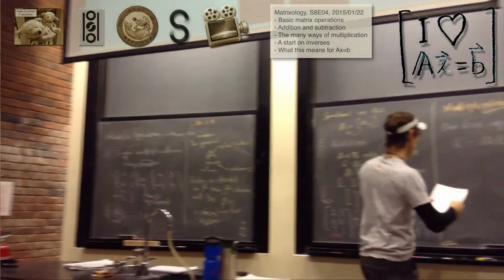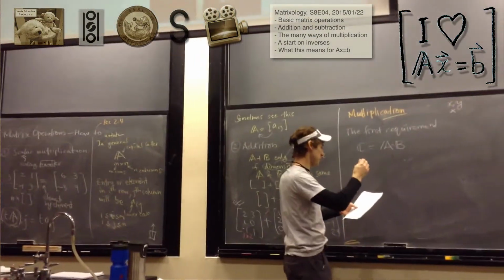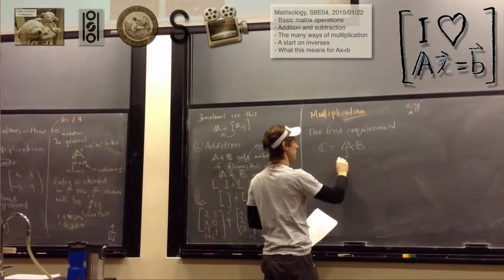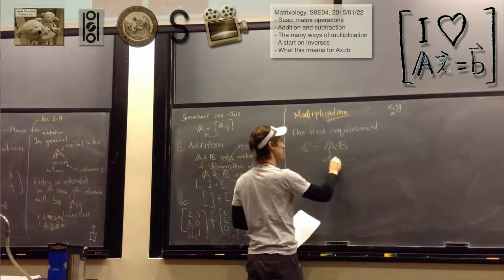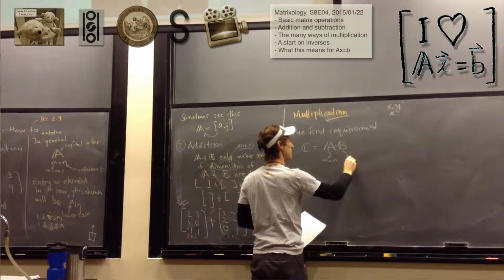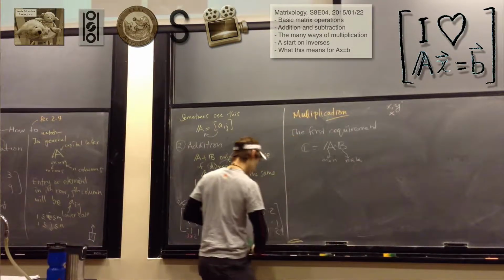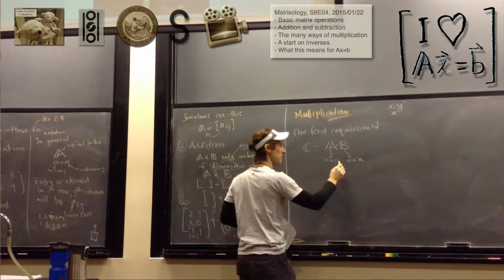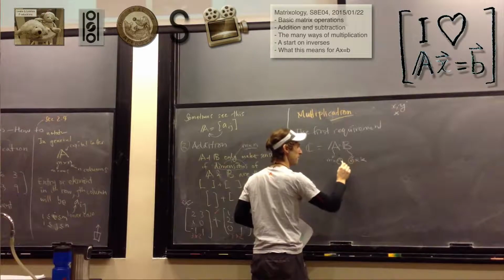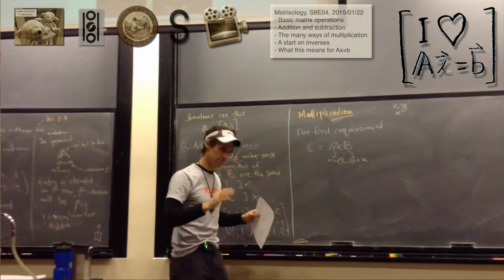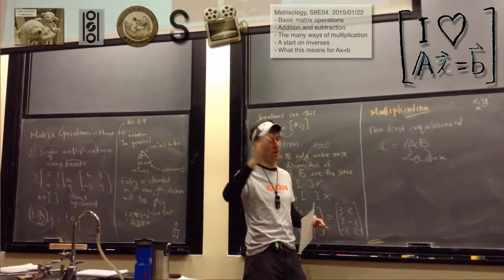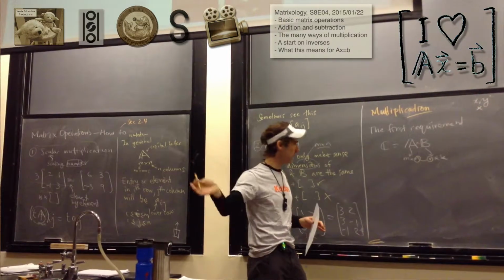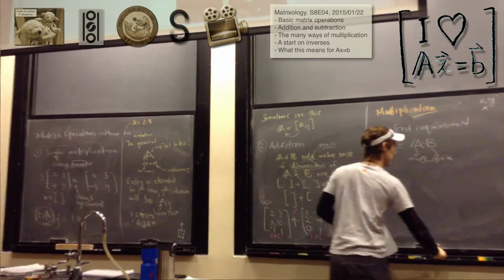All right. Okay. So C equals A times B. This is only possible if this is M times N, and this is N times K. So this is the kind of thing you want to write out over and over again. What are their dimensions? These must match up. We're getting there. Many of you know how to do these sorts of things, but we're just working our way into it.